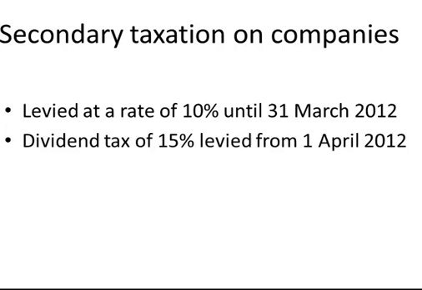So before the 1st of April 2012, if you earned 100 Rand in dividend, you would get the 100 Rand in dividend, because the company would pay the 10 Rand secondary taxation on companies. After the 1st of April, if you are liable for 100 Rand, you will only get 100 Rand less 15%.